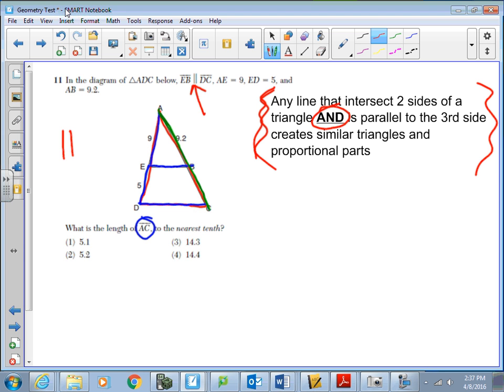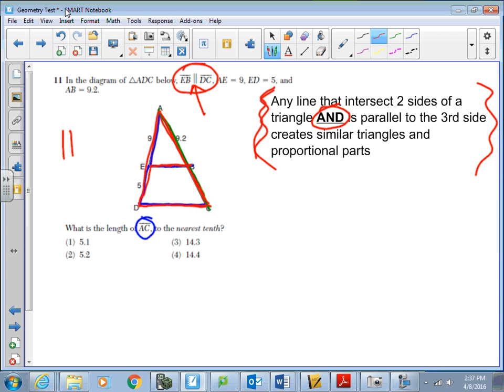So we have that situation here. We have EB, which intersects two sides of the triangle and is parallel to the third side. That's what this says. EB is parallel to DC. So it intersects two sides and is parallel to the third. So we have that situation here.